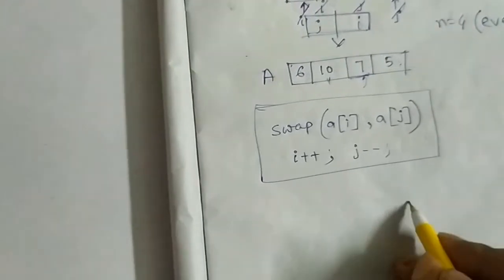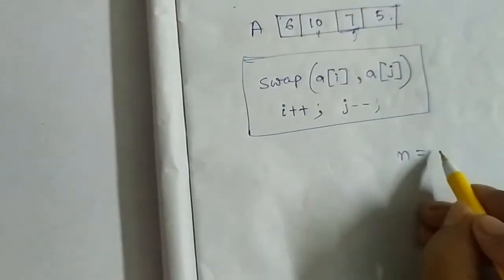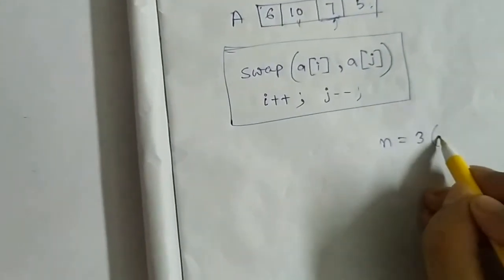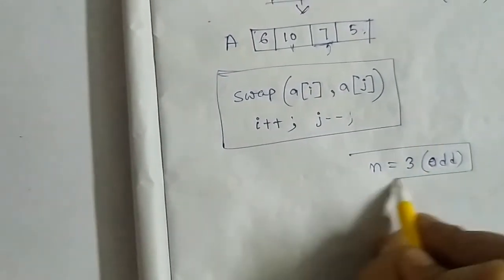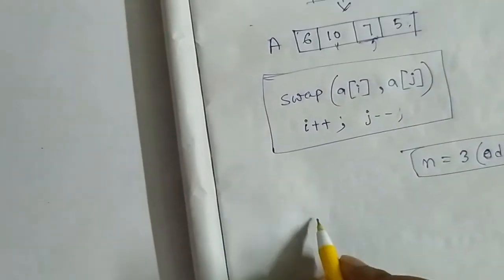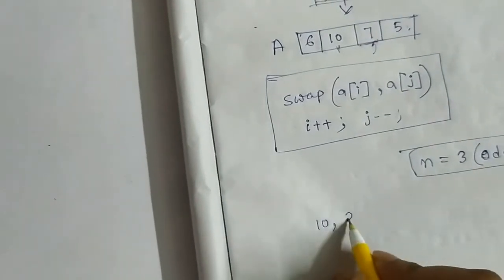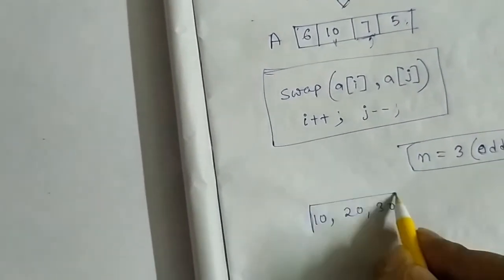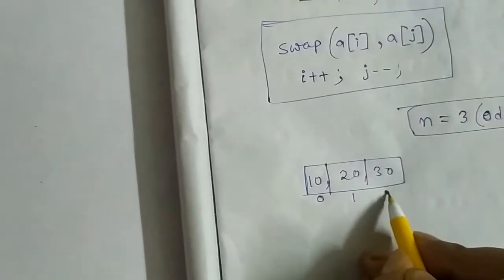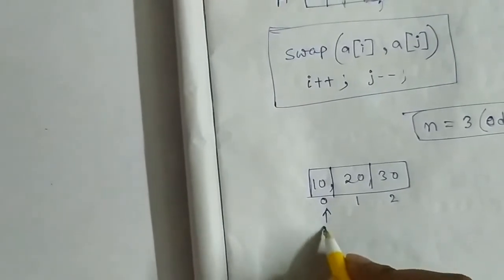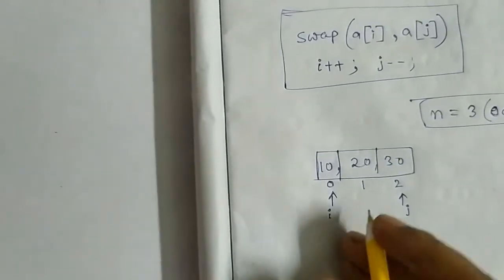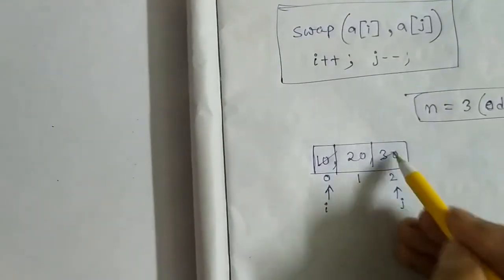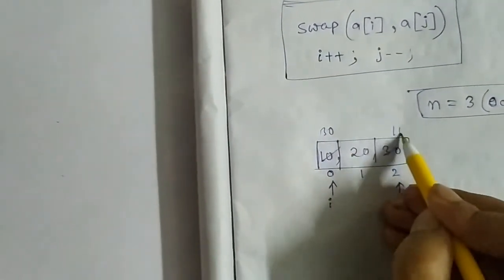Now if my number of elements is odd, for example 3, say I have 10, 20 and 30, with index 0, 1 and 2. My I is initially at index 0 and my J is initially at index 2. So I will swap 30 and 10.